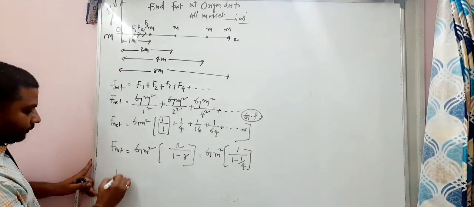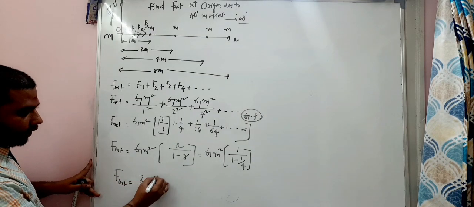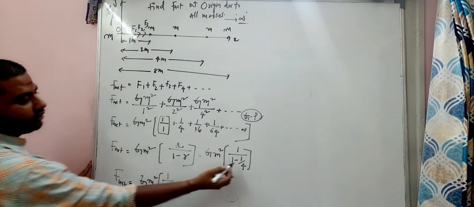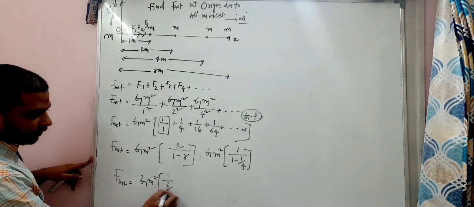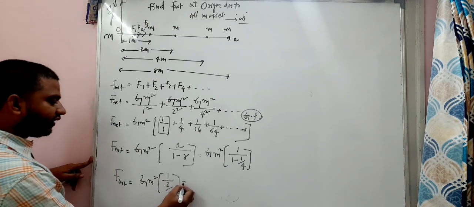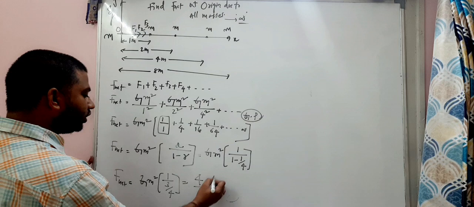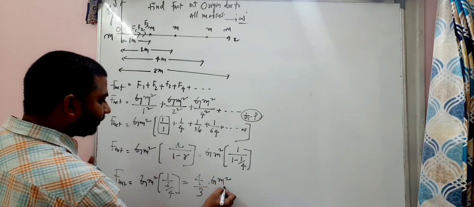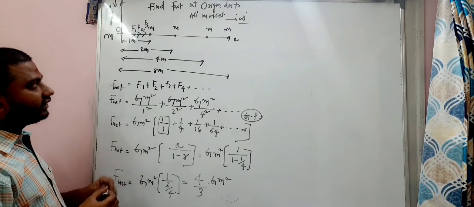So now F net is equal to GM square into 1 by 3 by 4, that is, 4 by 3. And your final answer is 4 by 3 into Gm square. So this is the final answer.